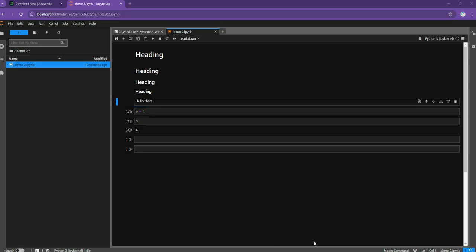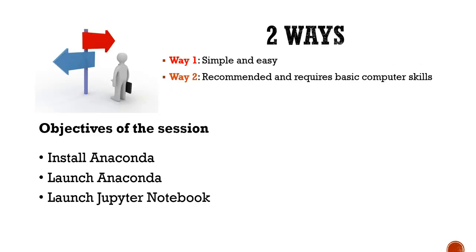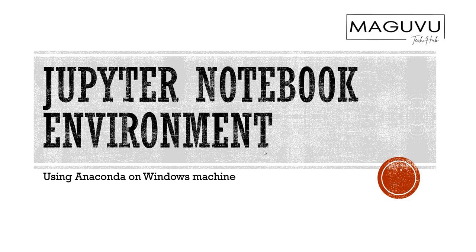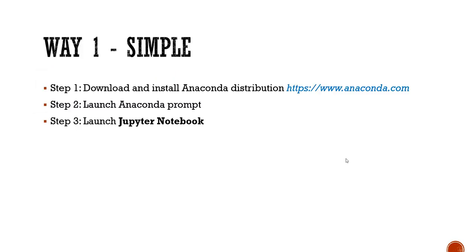Let's just take a quick preview of what we looked into. We started with the Jupyter Notebook on our machine, and we looked into it in 2 ways, the simpler way and also the recommended way. In the simpler way, you download and install Anaconda from the Anaconda website, then launch the Anaconda prompt, and from the Anaconda prompt just type Jupyter Notebook.